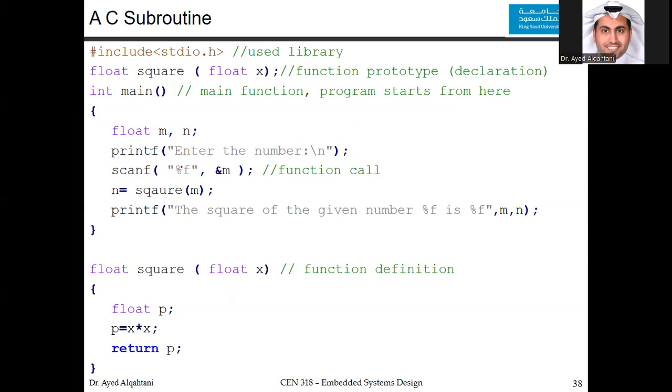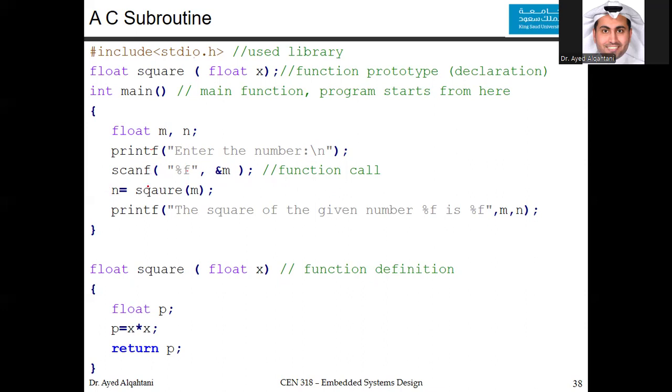So now you scanf. Scanf, F stands for formatted. So whatever print you have, it's formatted. Similarly for the scan. Here we have percent F, meaning you expect a floating point number, and you give it at M, which is the address of M. So now you will give it the value, and it will put it in the memory at that address.